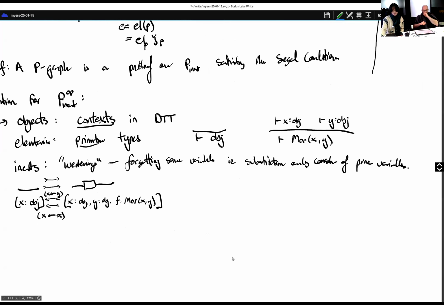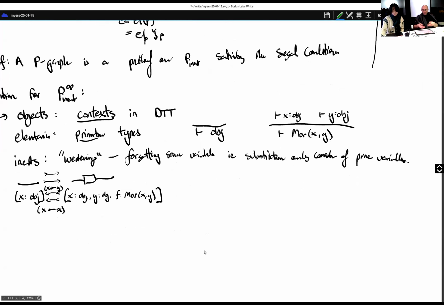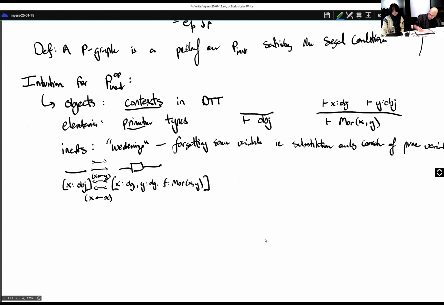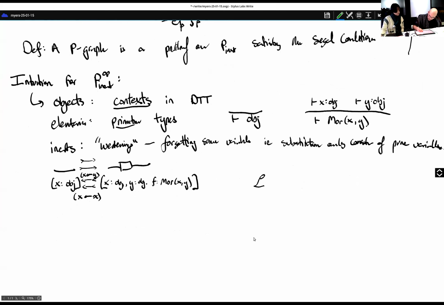Okay, cool. So in that case, a map here, L of X of type ob, gives you the set of specific values X can range over, and similarly for all the other ones.